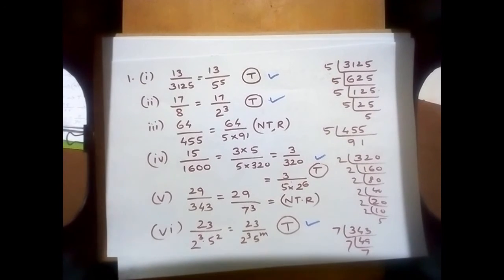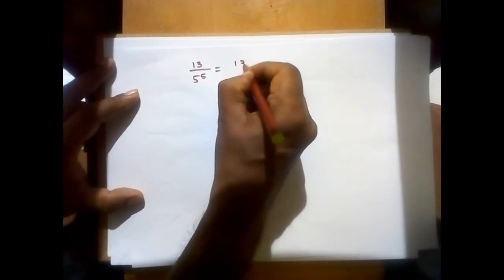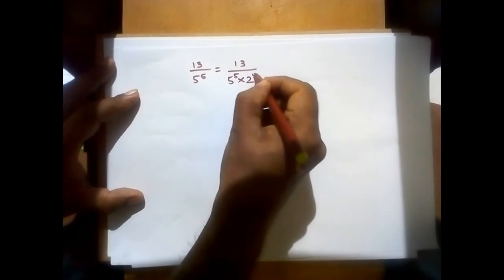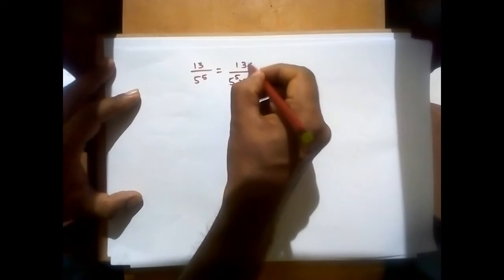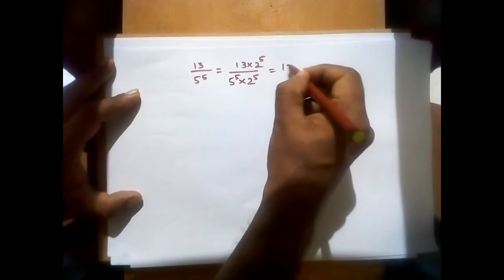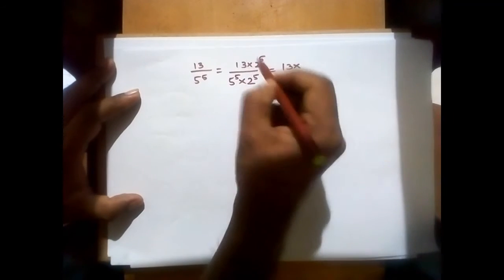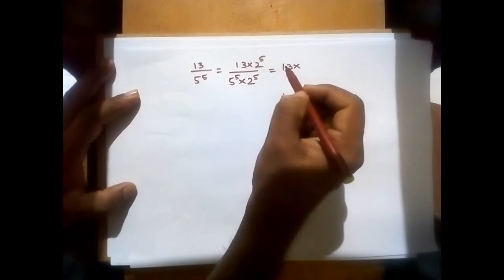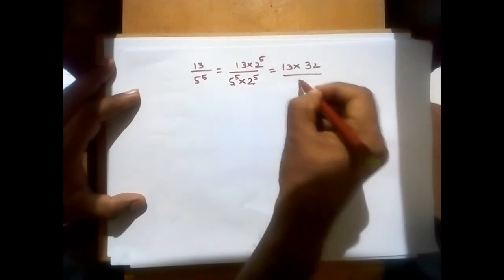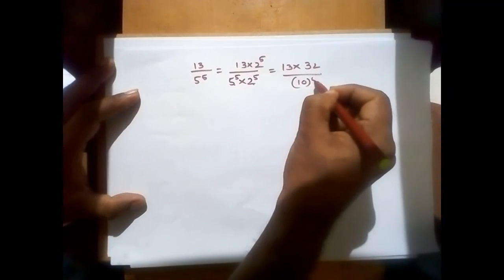So first one is 13 divided by 5 raised to 5. So 13 divided by 5 raised to 5 can be written as 13 divided by 5 raised to 5 into 2 to the power of 5. So this is equal to 13 into 2 to the power of 5, which is 32, divided by 10 raised to 5.